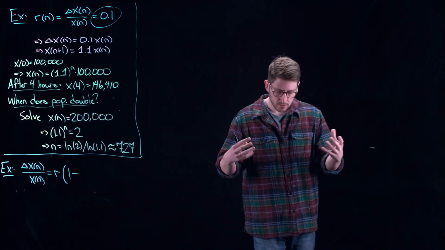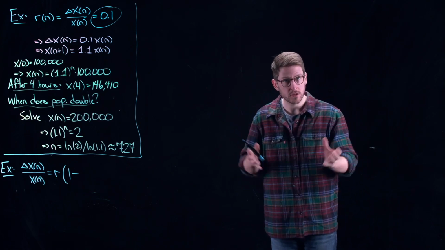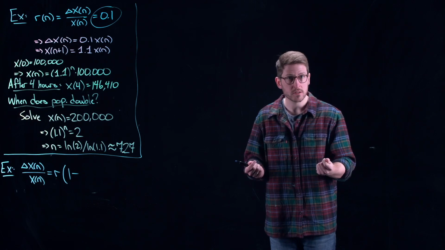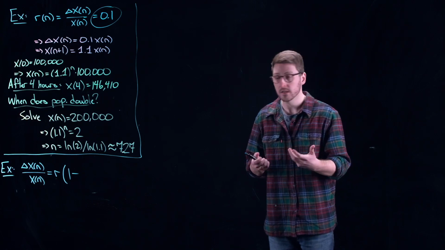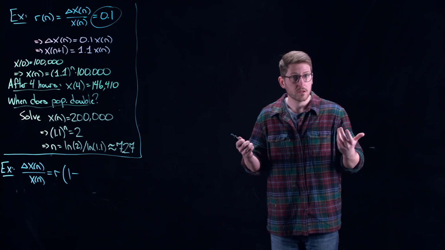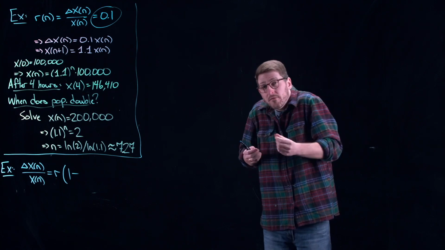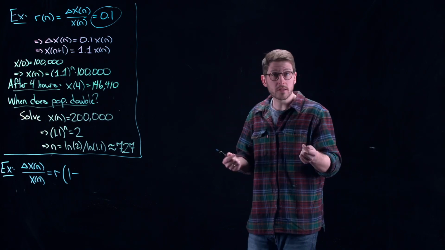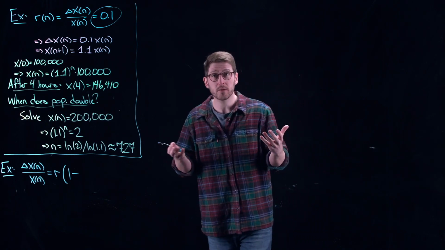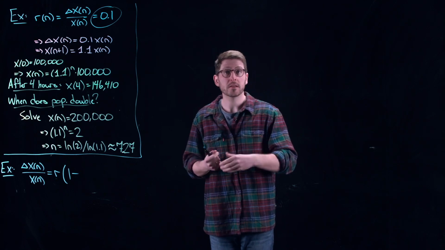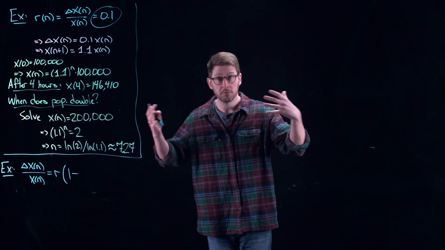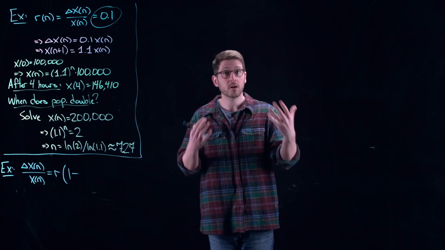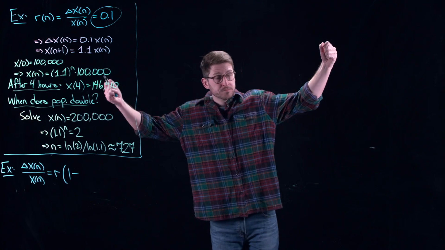So if you imagine maybe you have your yeast population in a petri dish or something like that, right? There's only finite amount of room and resources that these yeast can take up. So the more yeast you have, it's starting to get very, very crowded in there, and they don't really want to reproduce that much anymore, right? There's not a whole lot of room for anybody new. So that would mean that the reproduction rate, the rate in which the population increases from hour to hour, is going to go down if the population is very large.